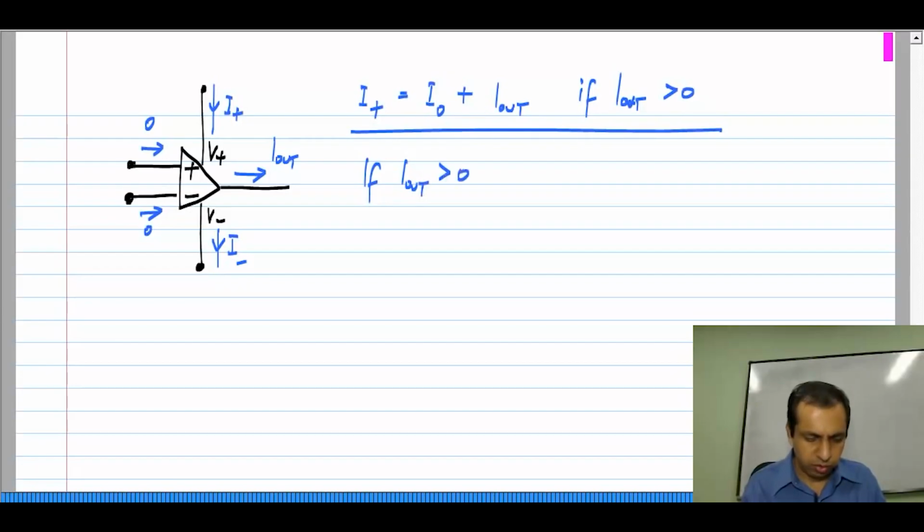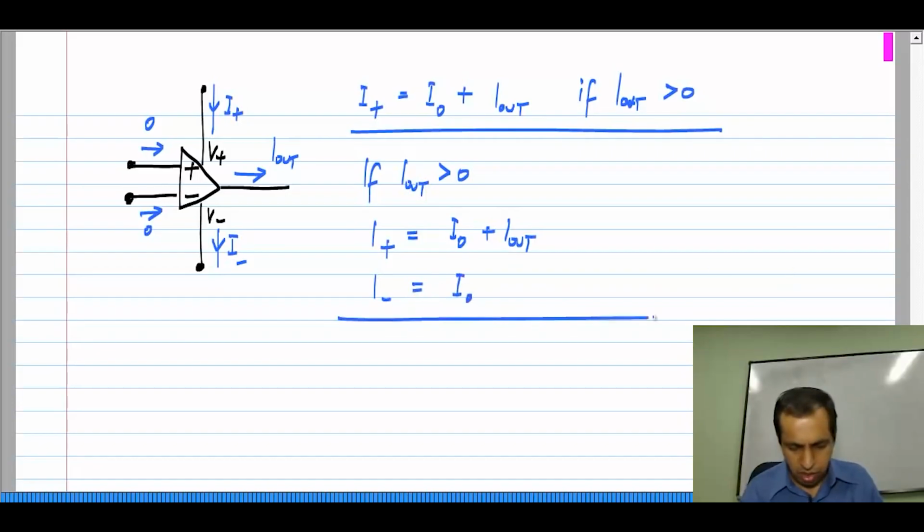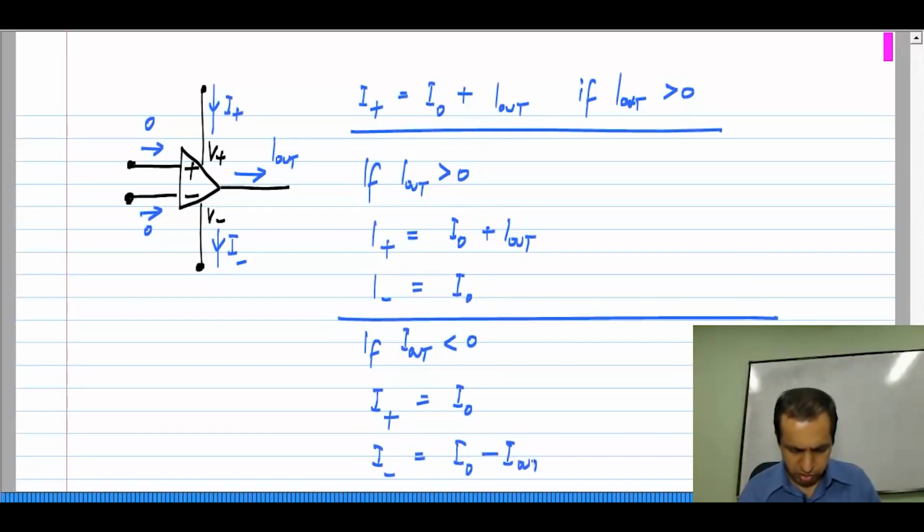If I out is greater than 0, that is a positive current is coming out of the op amp, then I plus is some fixed value I naught plus I out, and I minus is just I naught. And if I out is smaller than 0, then I plus is just equal to I naught, and I minus will be I naught minus I out. Okay.